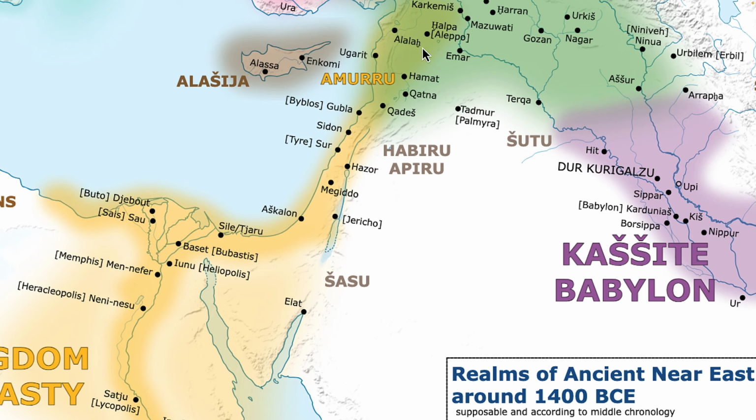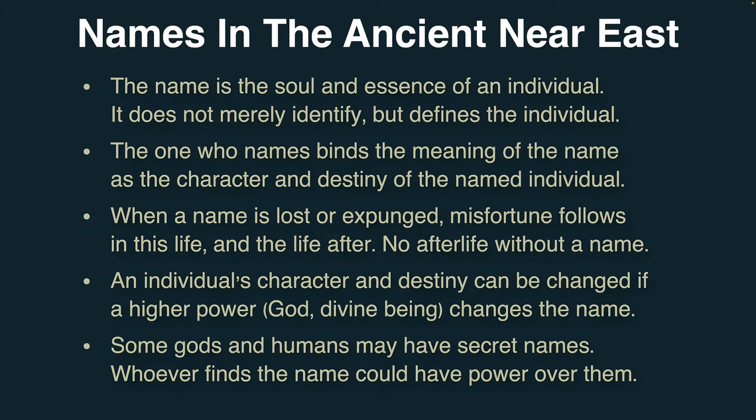All these areas had a roughly similar culture, which is categorized as ancient Near Eastern culture. And their languages are all Semitic languages, and they are related. Now, this is what they believed regarding names. And I will go one by one through these points that I've highlighted here, and will show you the correspondence between their beliefs and the Bible.